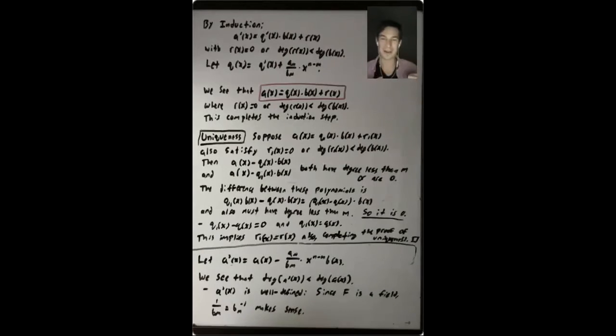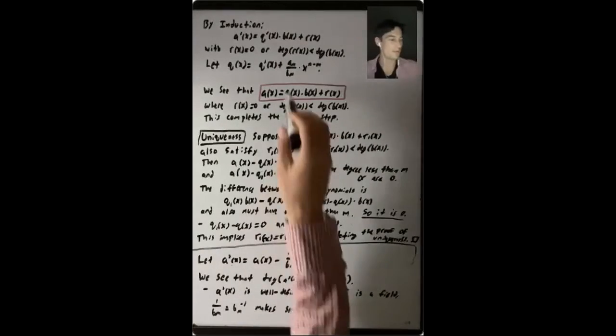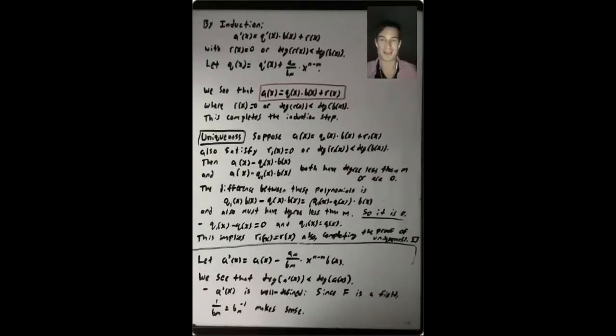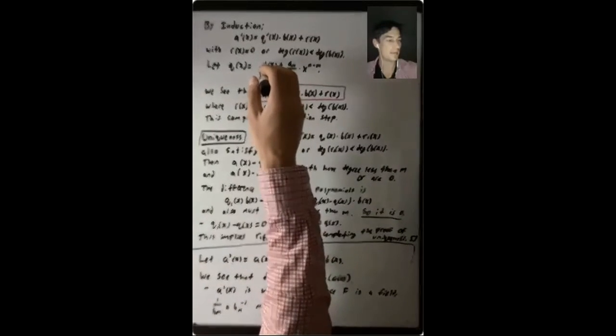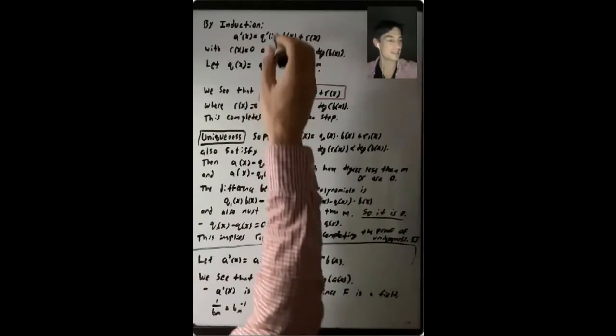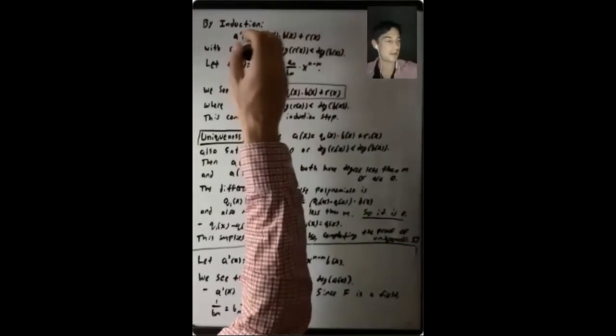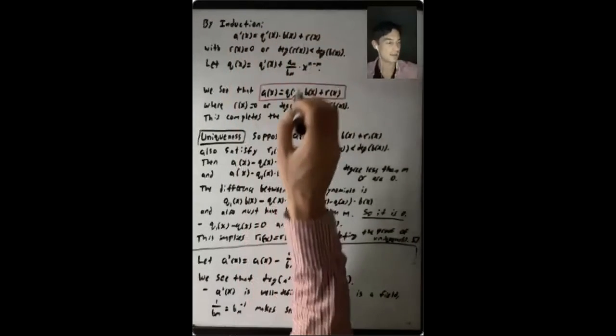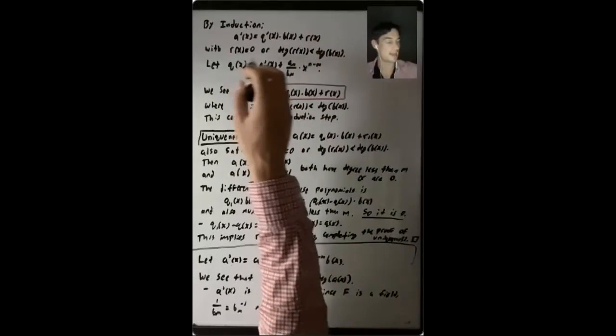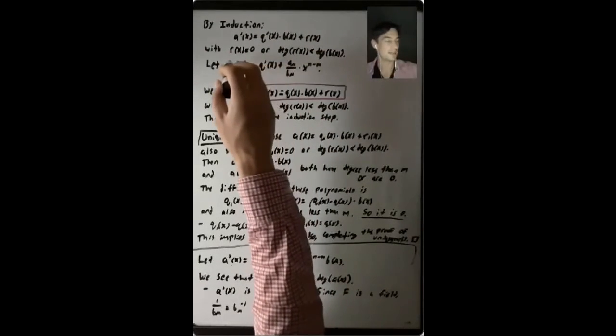Why are we going to do it that way? Because what happens now when we multiply q(x) by B(x)? We get q'(x) times B(x), which shows up here. That's almost A'(x). It's A'(x) minus r(x). And then, okay, what else when we take q(x) times B(x)?